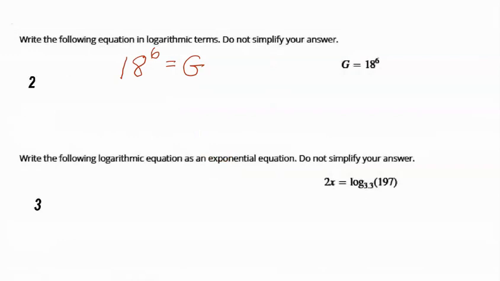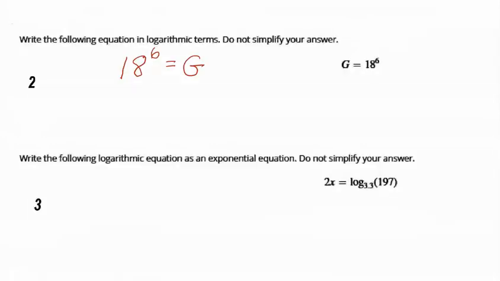Now, in example 2, notice they've written it this way, and I've switched it around a little bit. That's okay. Let's go to the whiteboard. Here, they want us to go from exponential form into its logarithmic form. So, actually, we could just leave it here and do it.